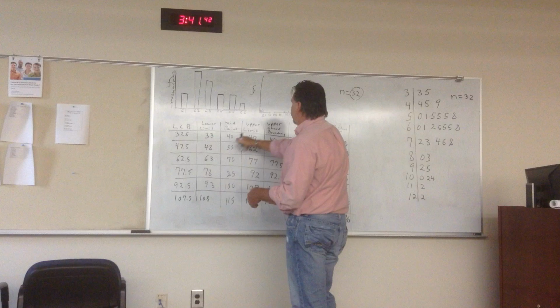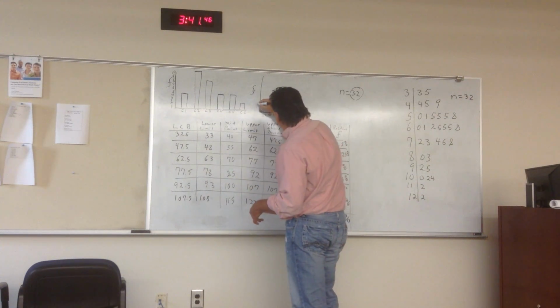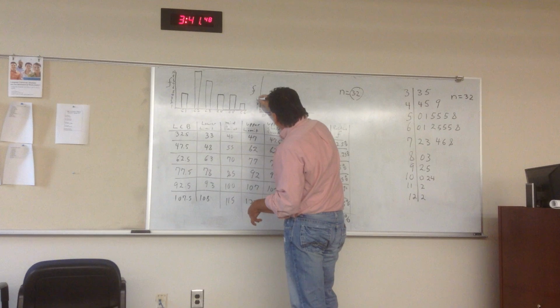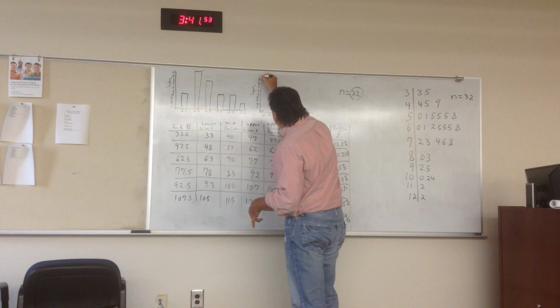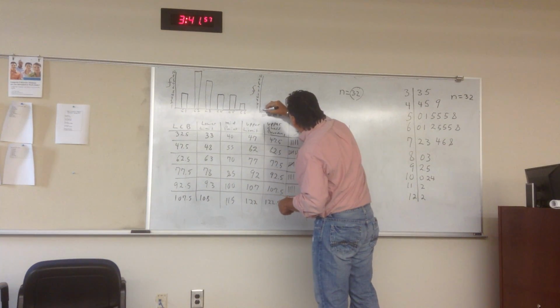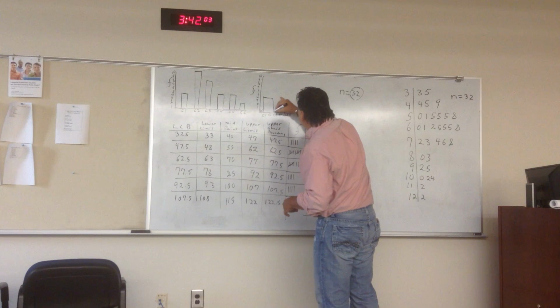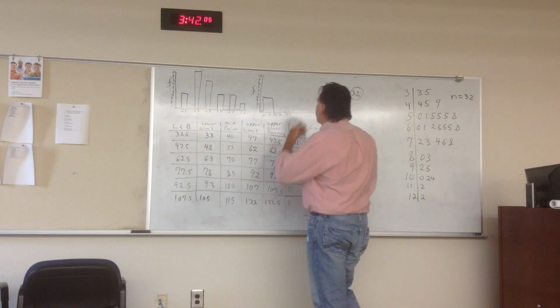So our first class will have a midpoint of 40. Like I say, we had a frequency of 4. So we're going to look at 4 here. And I've got my lower class boundary, so we're going to go up to 4 and all the way across to our upper class boundary, which is right here.